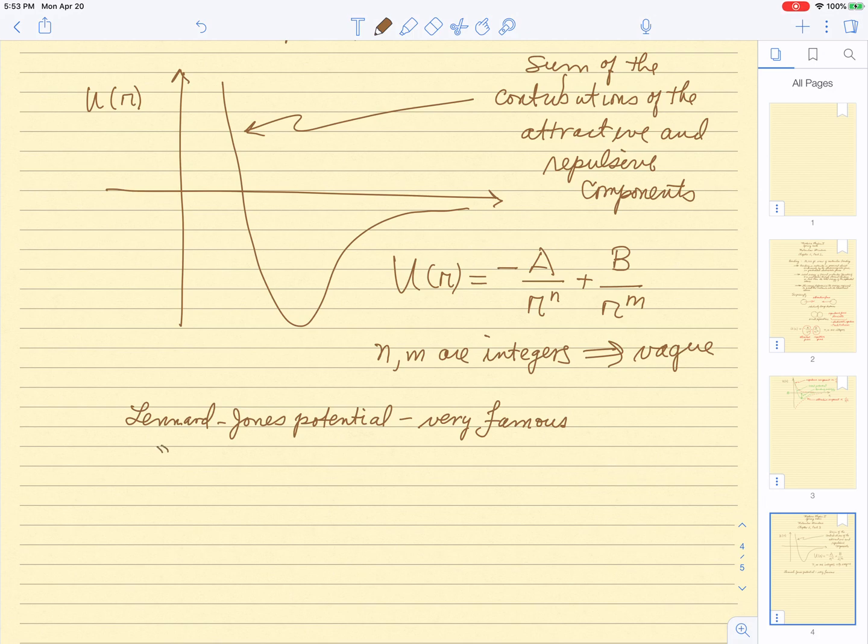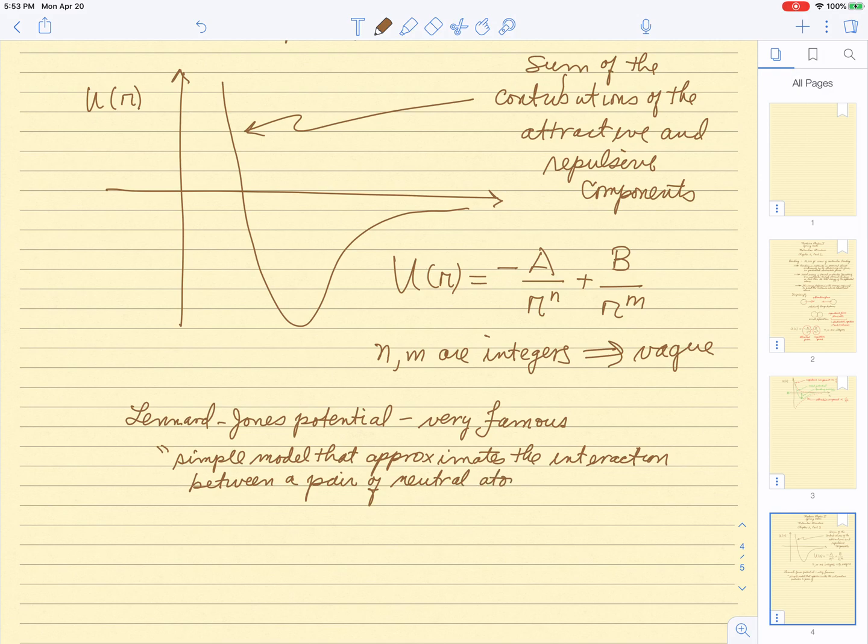It's stated, at least on Wikipedia, that this is a simple model that approximates the interaction between a pair of neutral atoms or molecules.